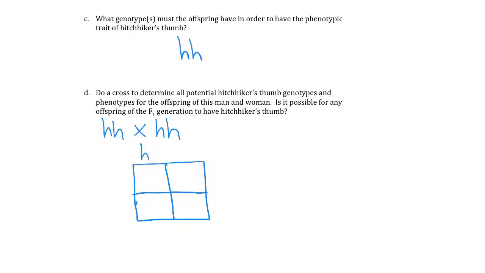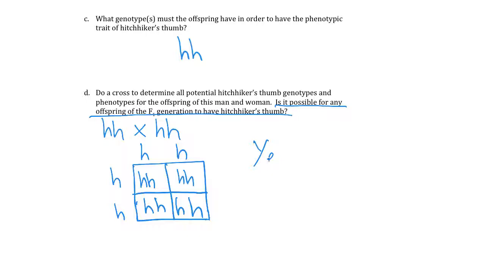So there's no way any of the offspring should have the dominant allele, big H, at all. So we'll still draw the Punnett square, and we'll cross these two individuals, and you can see that 100% of the offspring will be homozygous recessive. That means all of them will have hitchhiker's thumb. The question is, is it possible for any offspring of the F1 generation to have hitchhiker's thumb? So the answer is yes. 100% of F1 will have hitchhiker thumb.